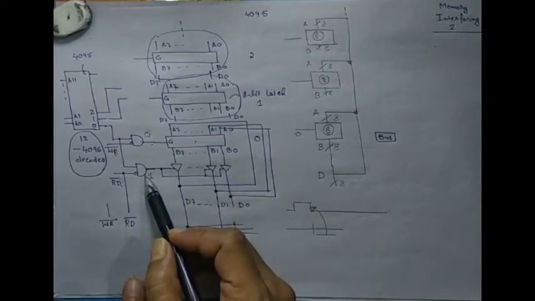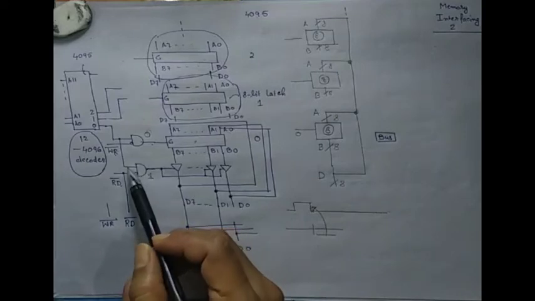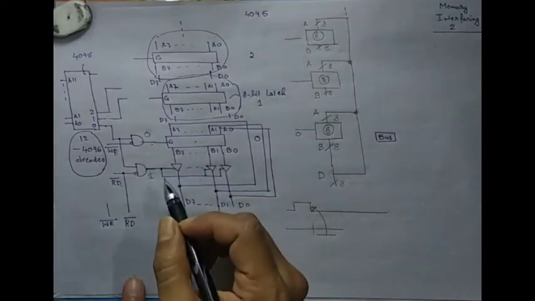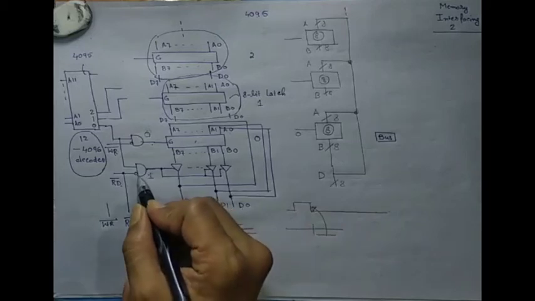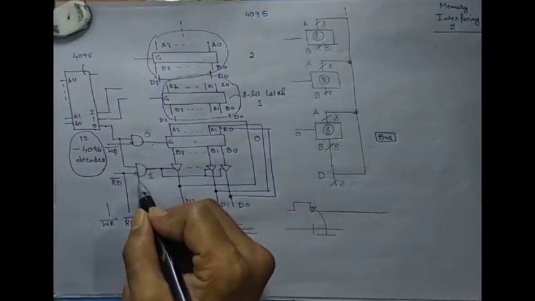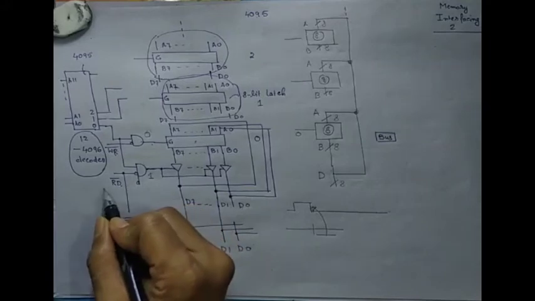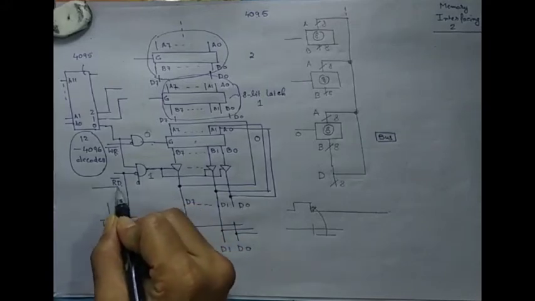Each AND gate combines one output of the decoder with the read bar or write bar signal, as we have already discussed. But here we have to combine the chip select signal also, and since chip select is an active low signal, the connection should be like this.